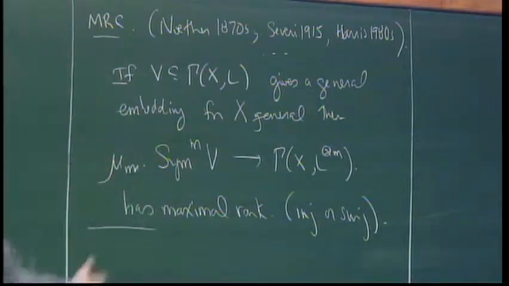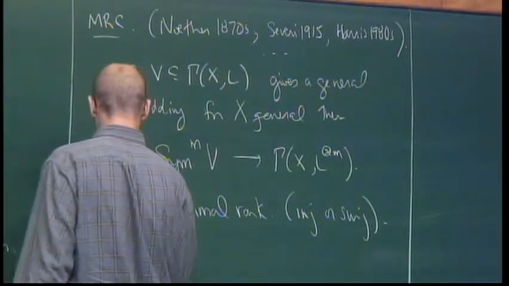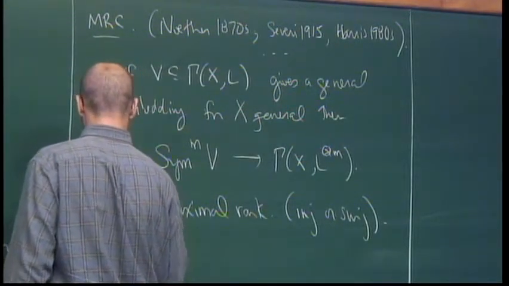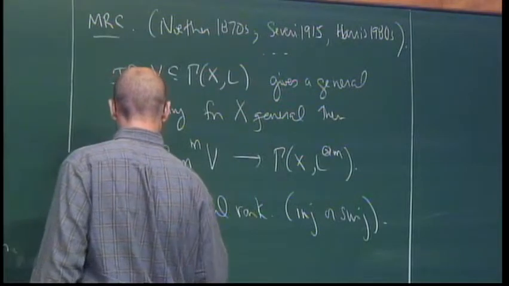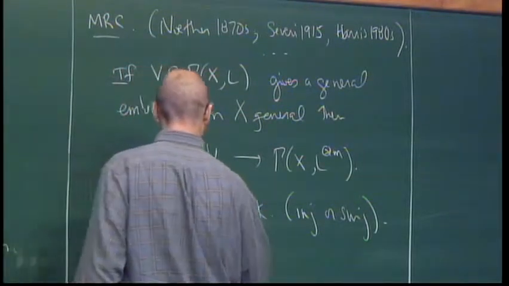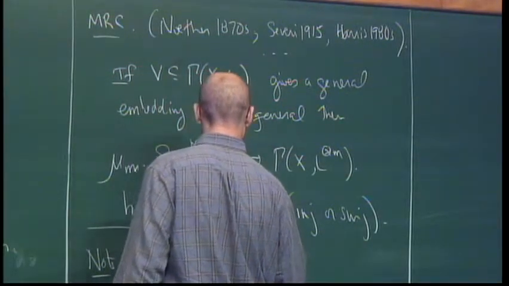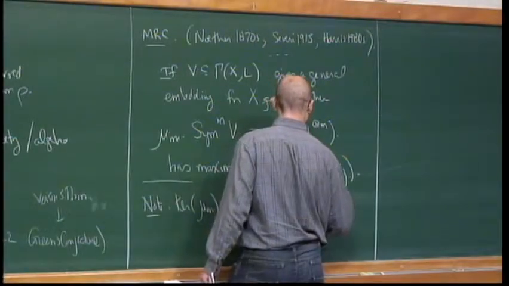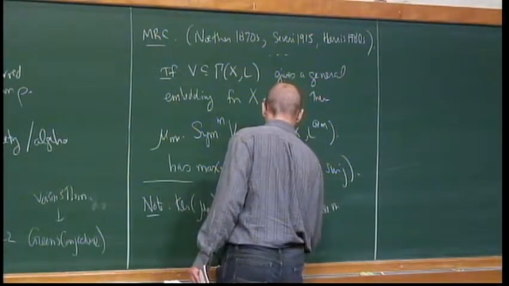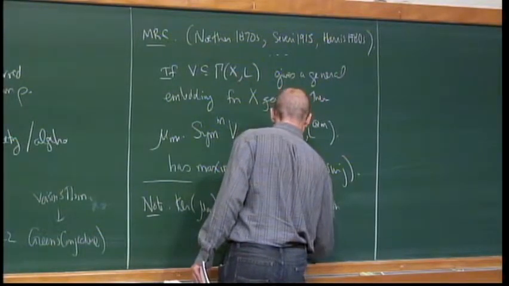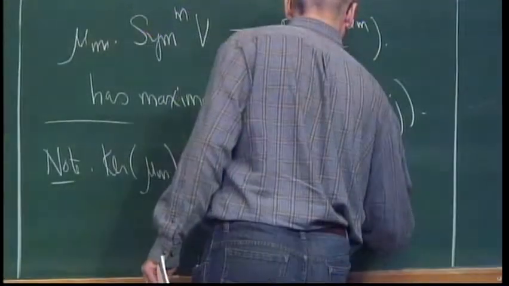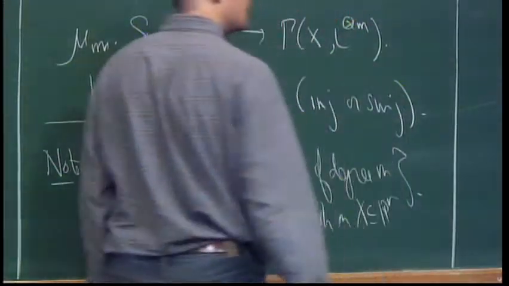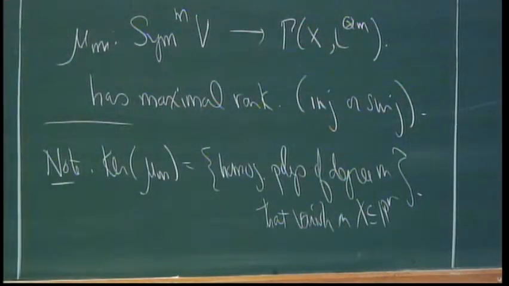So I said that this conjecture predicts the Hilbert function of the general embedding, and so I should briefly explain why. So note that the kernel of mu m is the space of homogeneous polynomials of degree m that vanish on the image of the embedding of X in P^r.